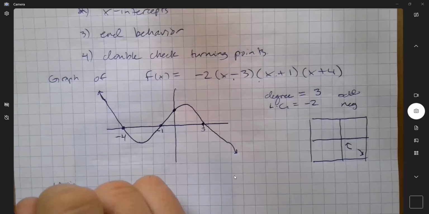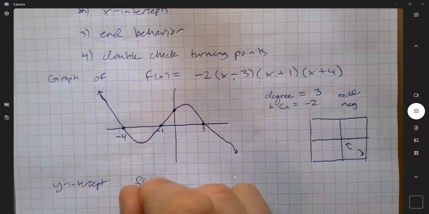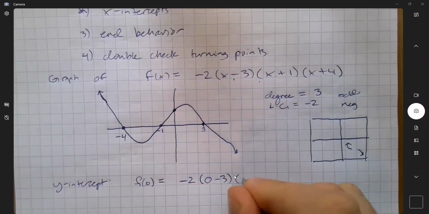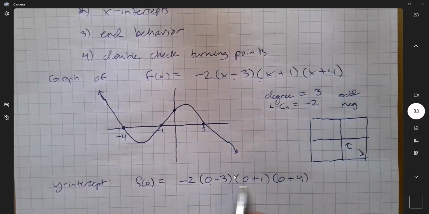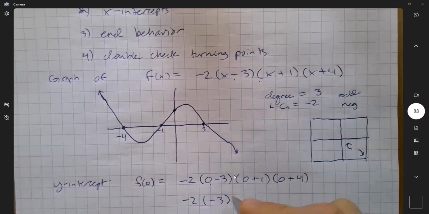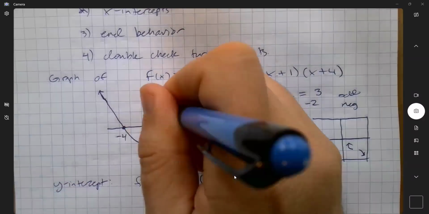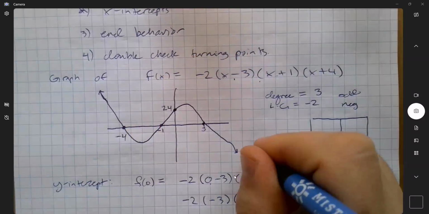So for the y-intercept, we're just going to do f of 0, and it ends up just being a string of multiplications, because when x is 0, we just end up with -2 times -3 times +1 times +4, which is 6 times 4, which is 24. And that's the y-intercept, or at least the y value, a height of 24, and I'm done.